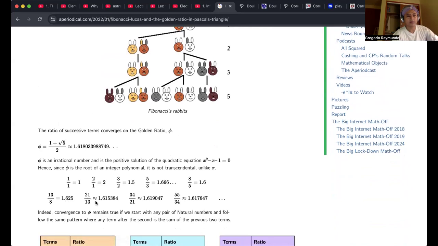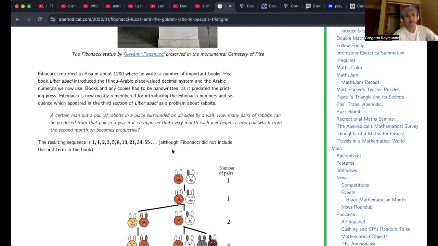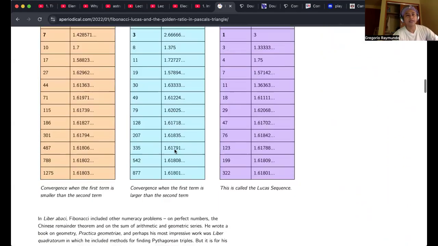21 over 13 is approximately 1.615384. 34 over 21 is 1.619047. 55 over 34 is approximately 1.617647. So lumalapit sila ng lumalapit sa golden ratio.